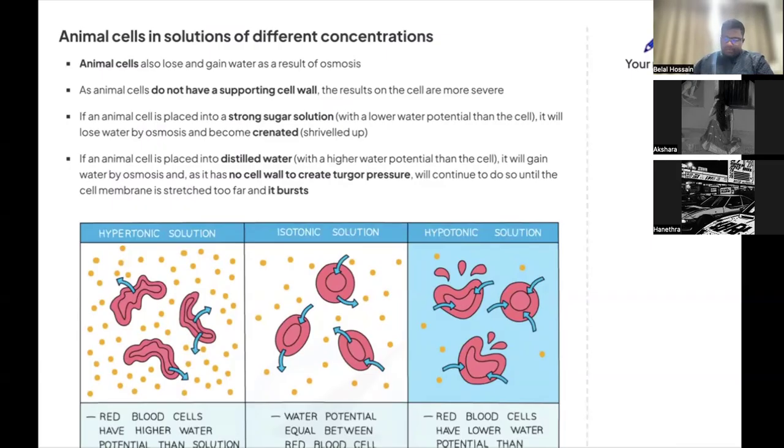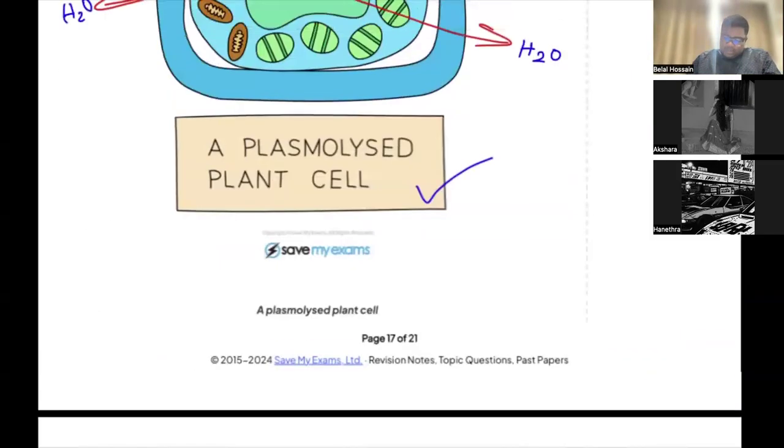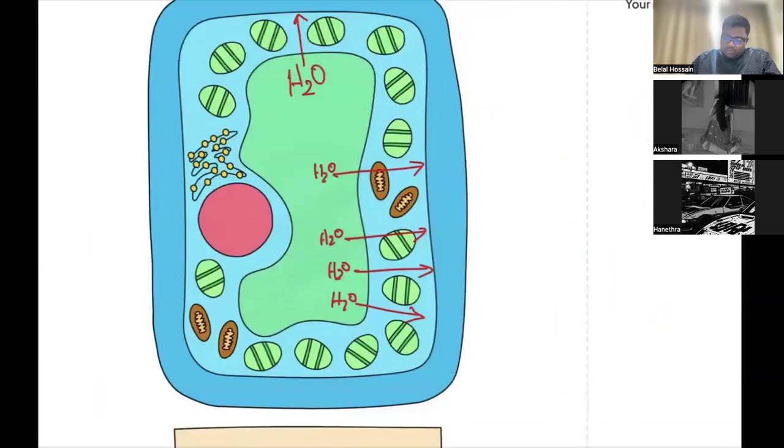What does turgor pressure mean? Very good question. The turgor pressure means, see, when the plant was pushing on its cell wall, that pressure is known as the turgor pressure.